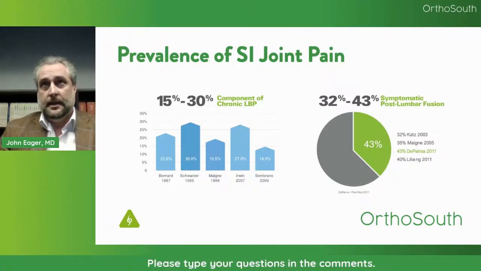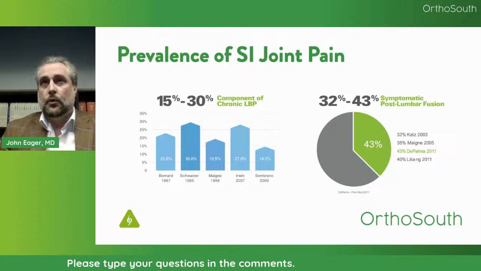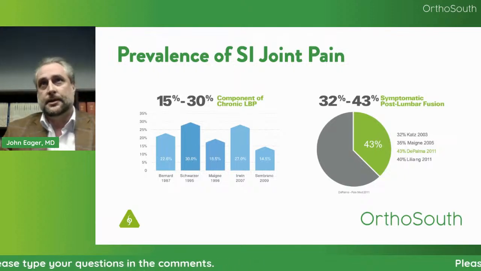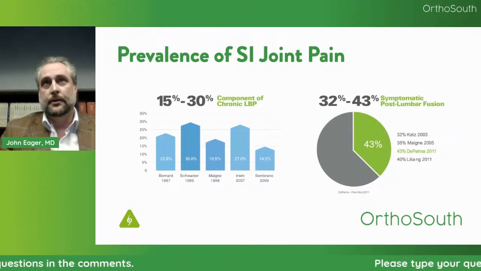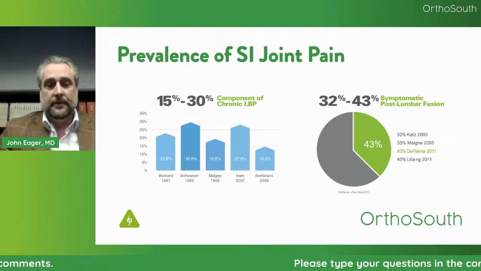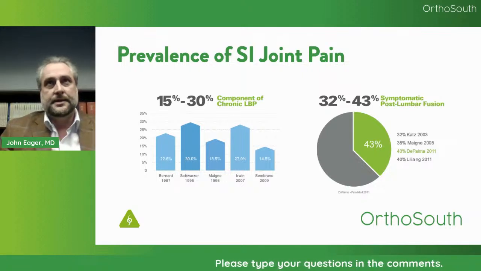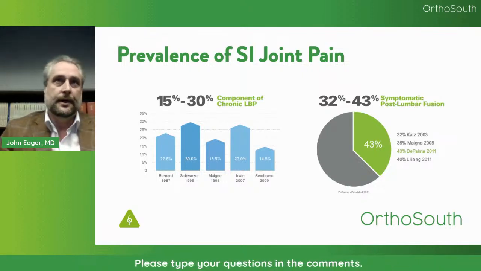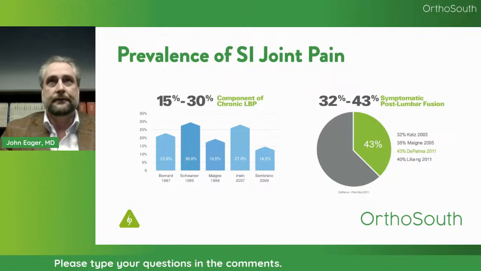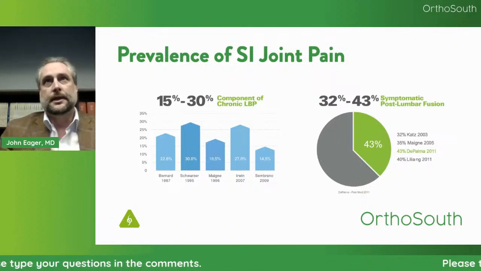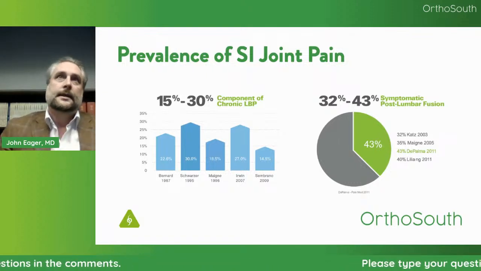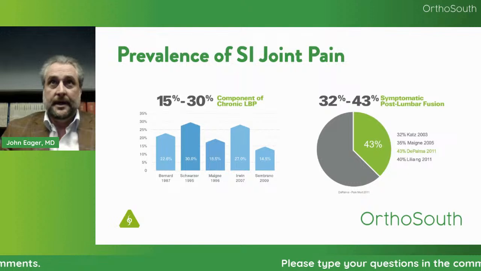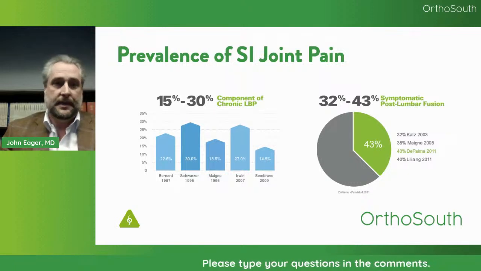I see this more often than not. As a surgeon, it's important that we discuss the prevalence of adjacent segment deterioration after a fusion. This can occur anywhere in the spinal column, above or below a fusion construct. And certainly in lower lumbar fusions, the SI joint becomes adjacent and can oftentimes become symptomatic.